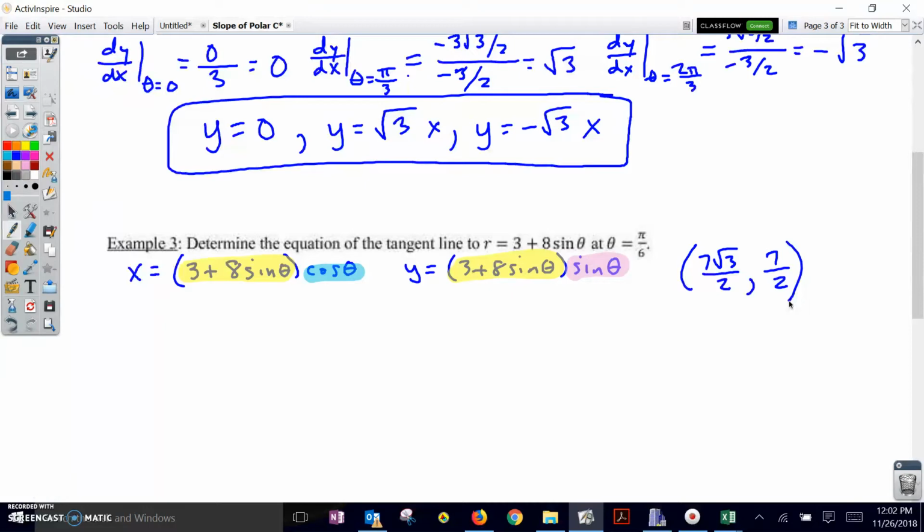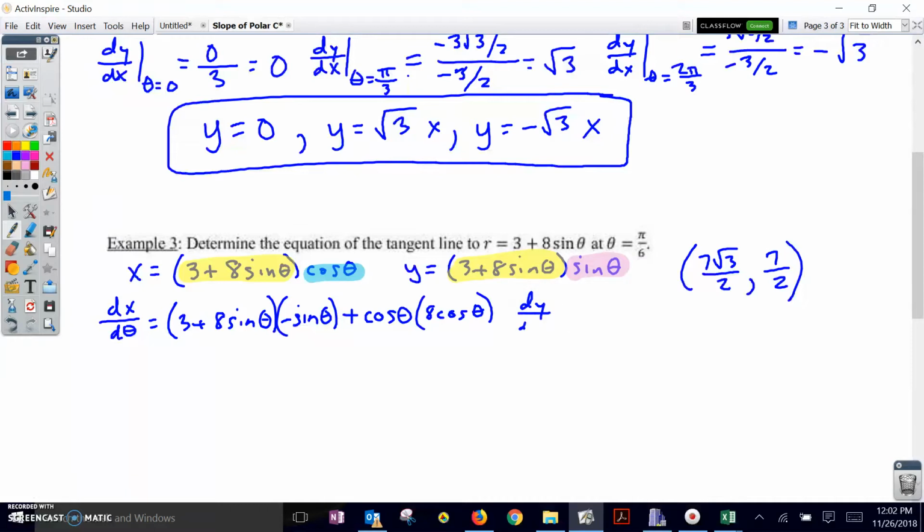So first I'm going to find dx d theta. That's going to be 3 plus 8 sine of theta times the derivative of cosine plus cosine times the derivative of 3 plus 8 sine of theta, which is just 8 cosine of theta.